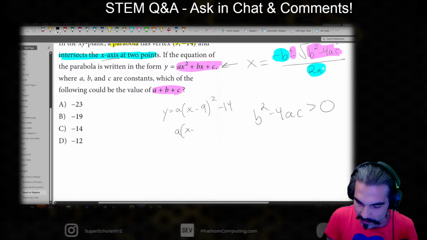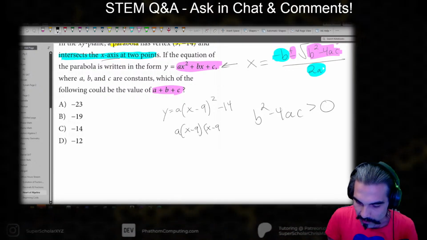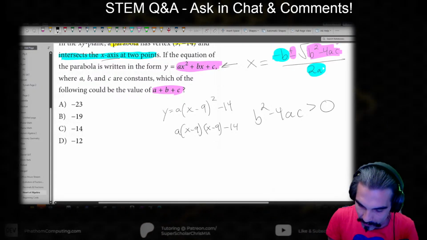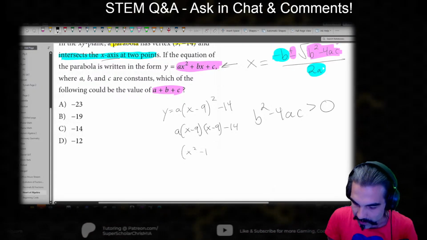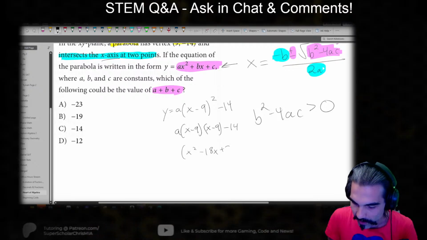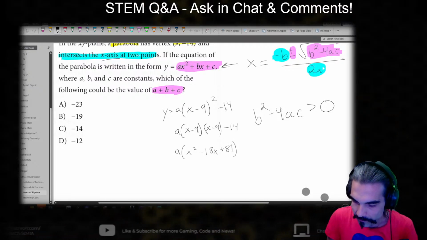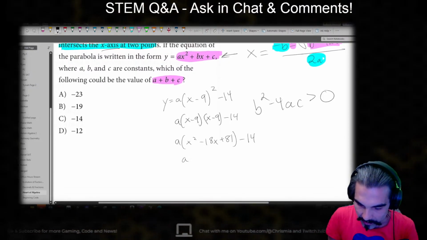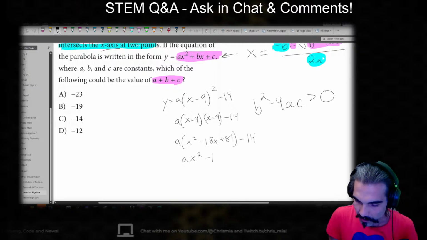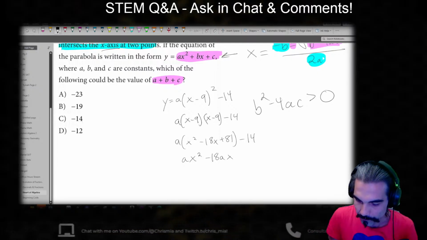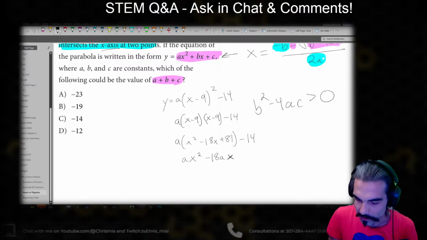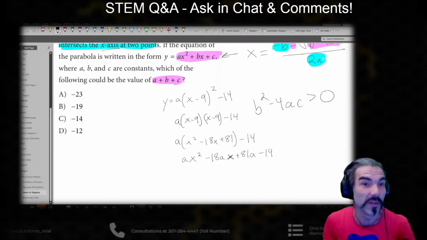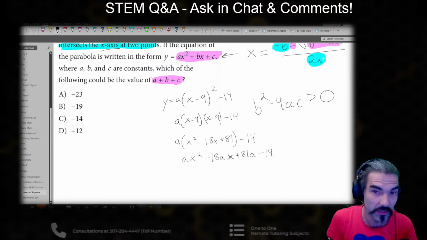So a(x minus 9)(x minus 9) minus 14. We do some foiling. That's x squared minus 18x plus 81 with the a in front, minus 14 at the end. Then we distribute that a, that is indeed our crux for our solution. It's a crux because it's not helping us in any way, shape, or form. Normally, we'd like to get to a single variable situation.